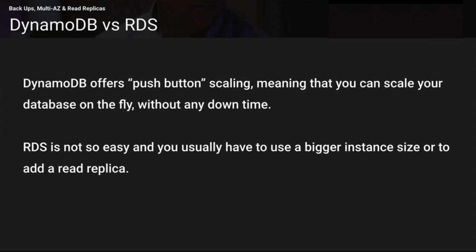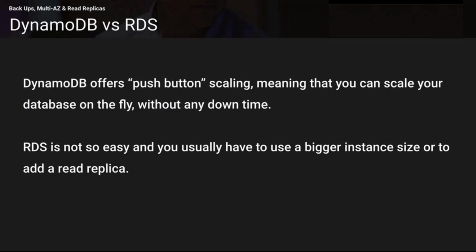So RDS is not so easy, and usually you have to use a bigger instance or need to have a read replica to improve the performance. But when we talk about NoSQL DBs like Dynamo, you do not have any downtime, and it is basically push button scaling. If you want to increase the size of a database, or improve the performance of a database, it is just push button scaling.